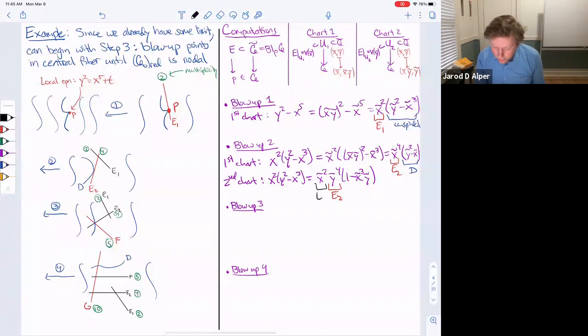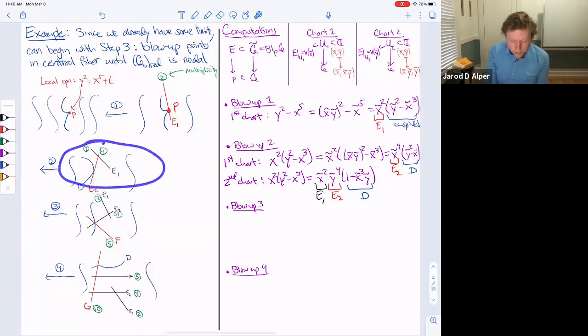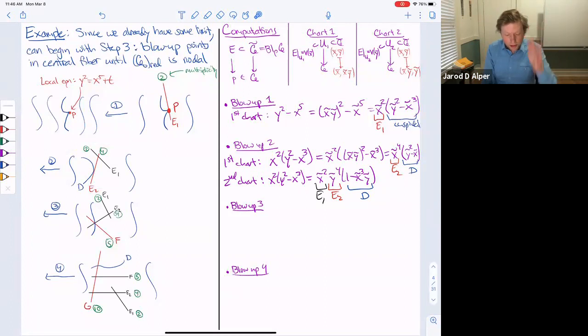This is the first exceptional divisor, and then this is the curve D, and in this chart it's smooth. As we go along, the singularities are getting better, but at this point there's still an intersection of this parabola tangentially to the second exceptional divisor.